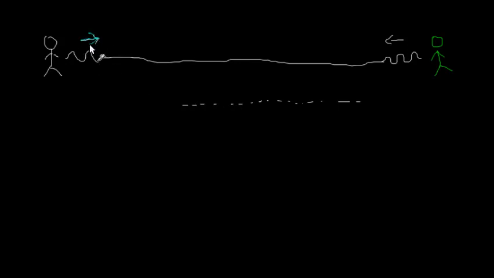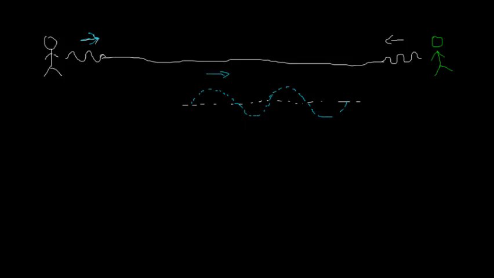Blue color for this one. So suppose that when the wave reaches somewhere in the middle, it looks like this. Alright, and this is the wave that is going to the right. This is what you see if the other wave is not there.